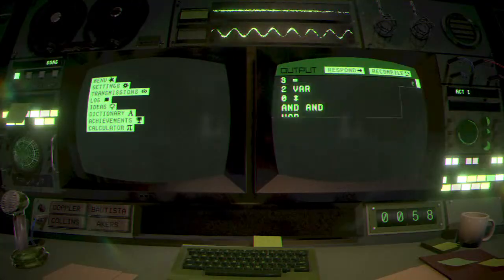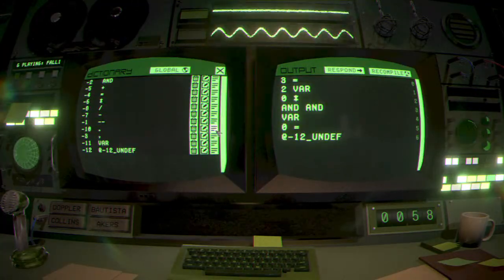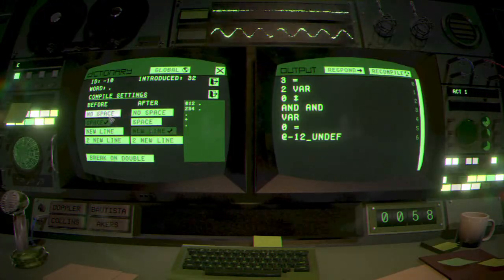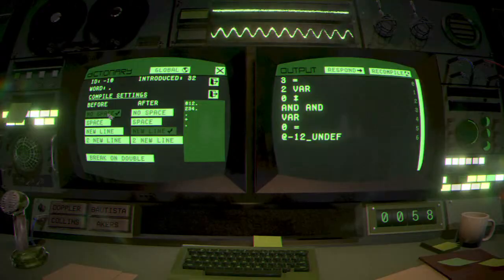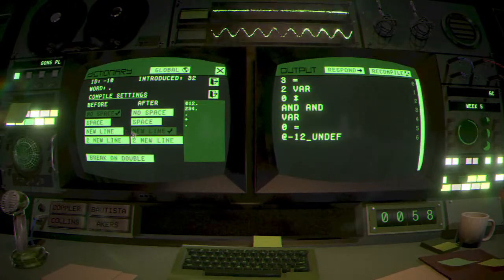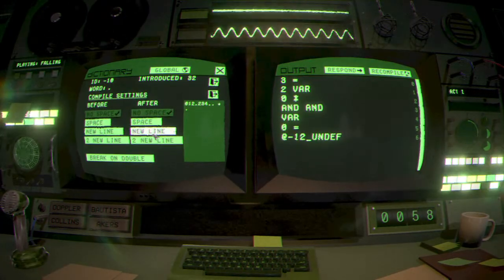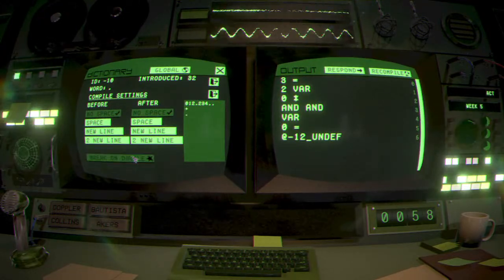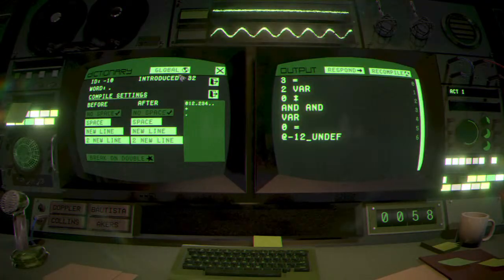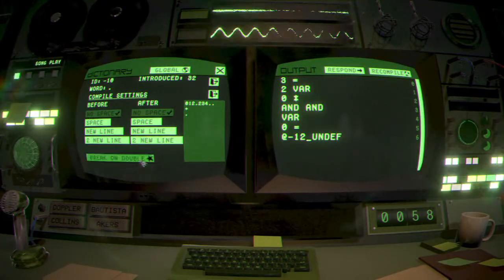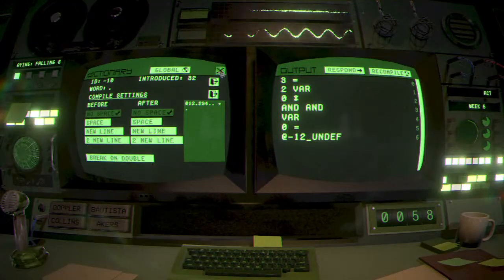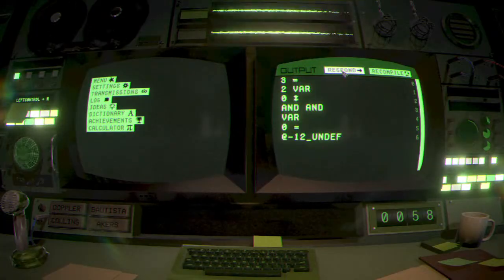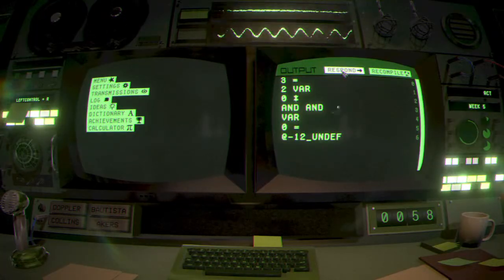But how do I write 1.5? So let's go to the decimal and say... I don't know why there would be a double. I'm just gonna leave it. Well, anyway, I think I'm writing 1.5.